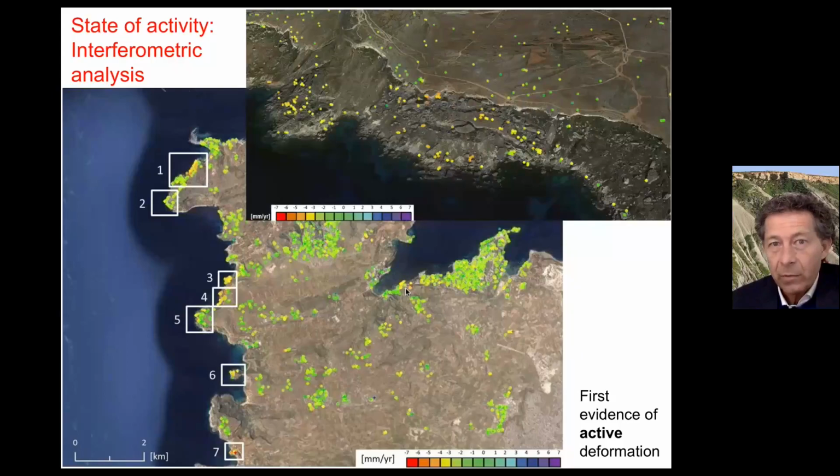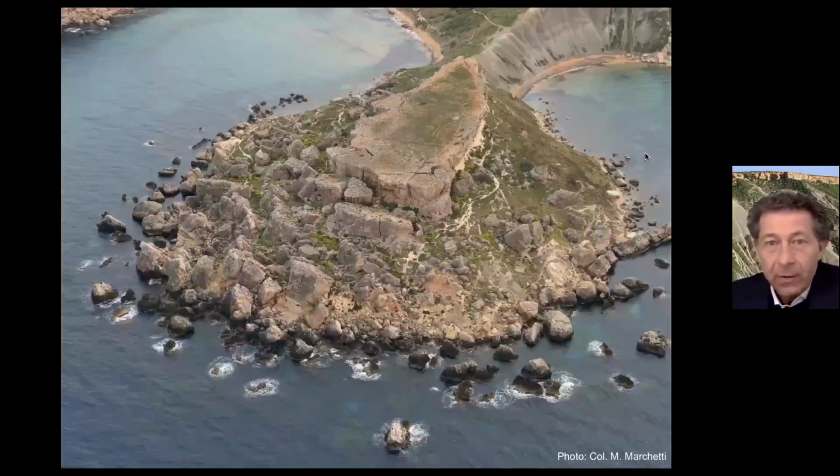You see more in detail one of these areas along the northwest coast where you have clear evidence of instability. Instability which is not just inherited from the past, but which is occurring now. So this was the first evidence coming from localized GPS monitoring and from the fissurimeters, and then more widely from interferometric analysis.